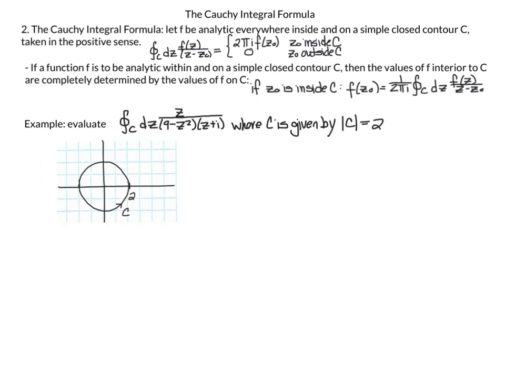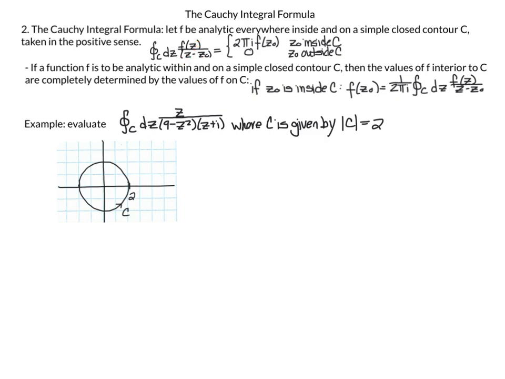Our next example, integral over C, where C is our same curve, our circle of radius 2, of z over (9 minus z squared)(z plus i). And the first thing to notice is you want to get this function to be in this form over here, some f of z over z minus z naught.